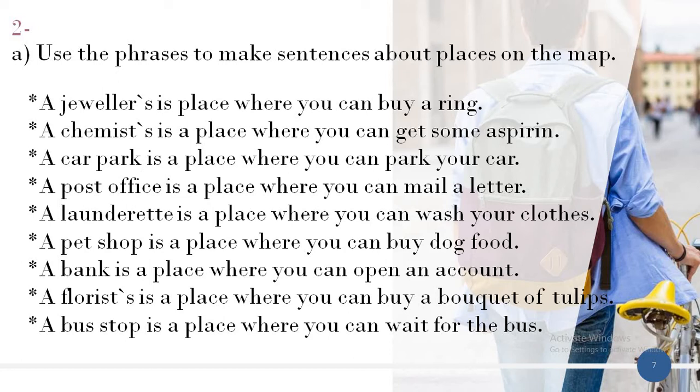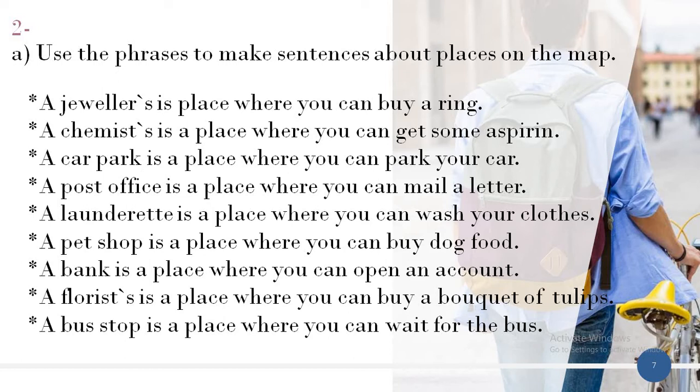Get an aspirin. A chemist is a place where you can get some aspirin. Park your car. A car park is a place where you can park your car. And mail a letter. A post office is a place where you can mail a letter.